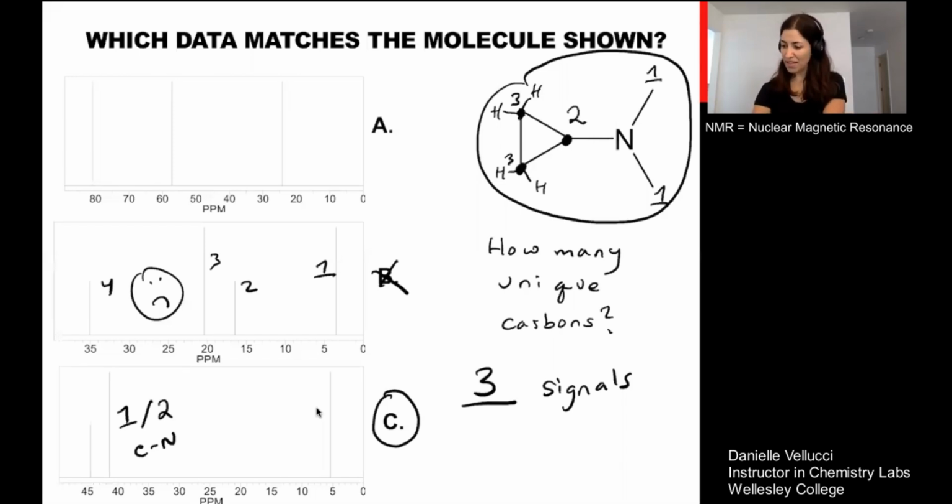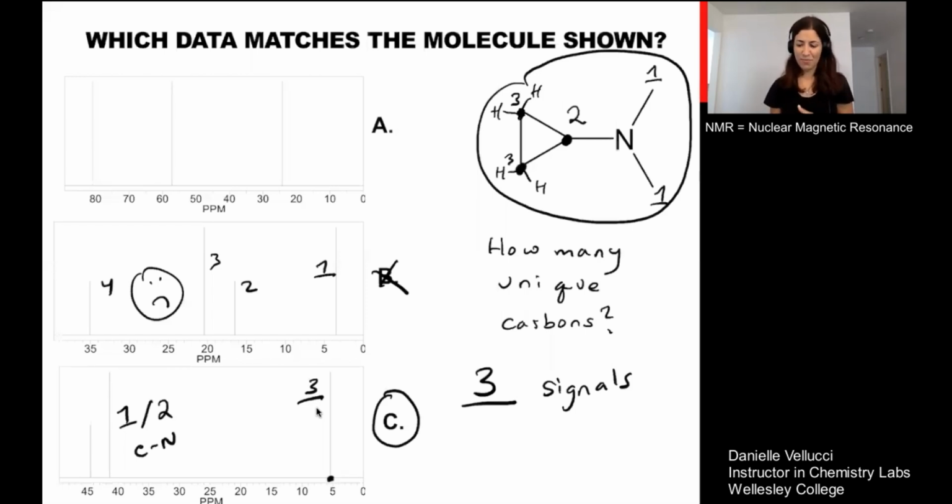And carbon number 3 here would then be up here closer to 0 because it's really not bound to anything all that interesting. So if you can analyze in this way, you know what you need to know about C13.